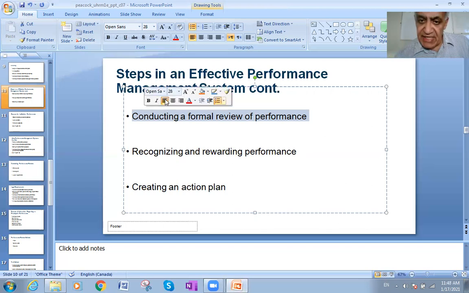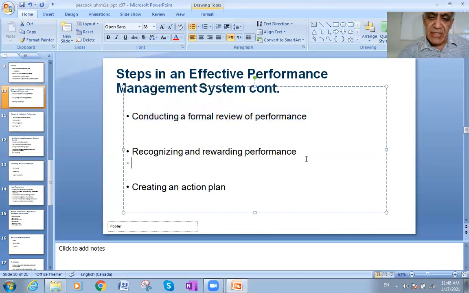Review the performance, like you see here, and correct it if there is something negative. Recognizing and rewarding performance. We have two kinds of people working in organizations or companies. We have good workers and we have people who are very lazy or negative. We have positives and we have negatives.